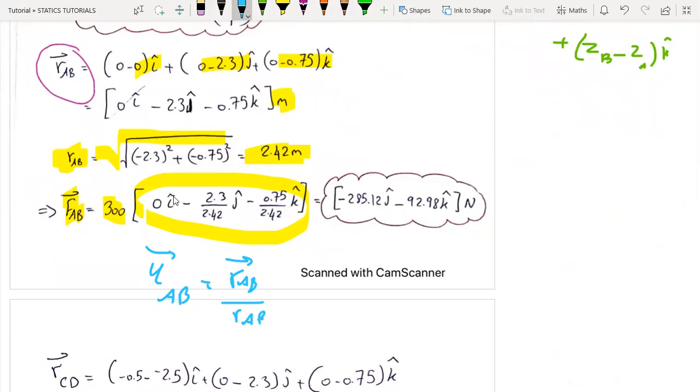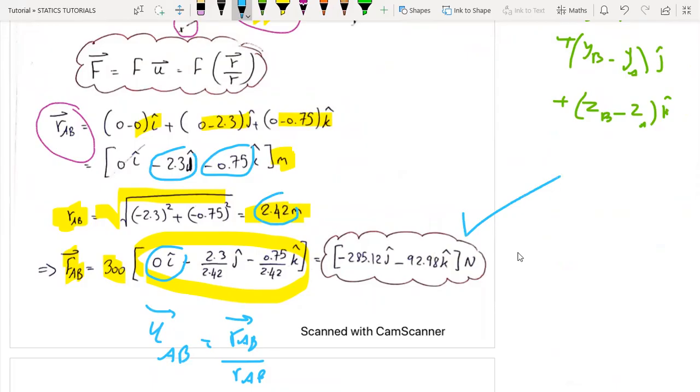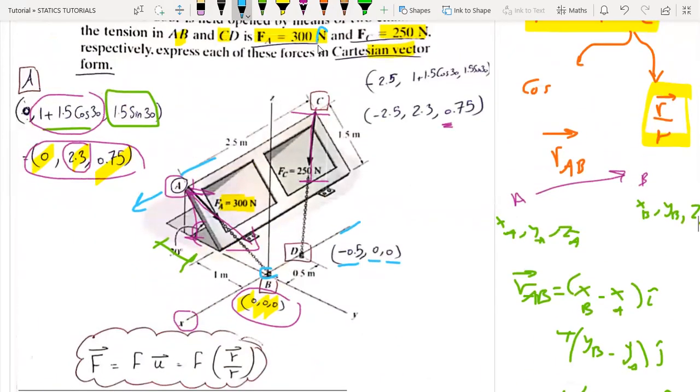So here, what we have done: 0 i hat over the magnitude, minus 2.3 j hat over the magnitude, minus 0.75 k hat over the magnitude. And we will get the answer in newtons because the units of the force are given in newtons.